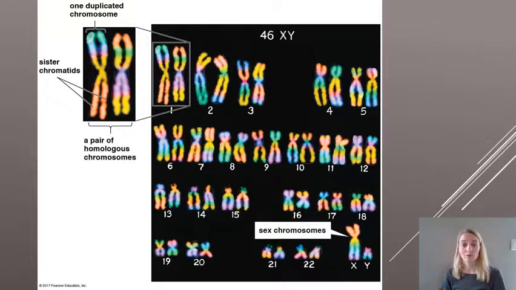So their eggs only have 1 of their sex chromosome pairs, but they only have X's. So females can only give an X. Males, on the other hand, because they're XY, their sperm only carrying 1 of each of the chromosomes, will carry either the X or the Y. So it is up to the male sperm, which fuses with the female's egg, to determine the sex of the child, whether it's going to be an XX female or an XY male.